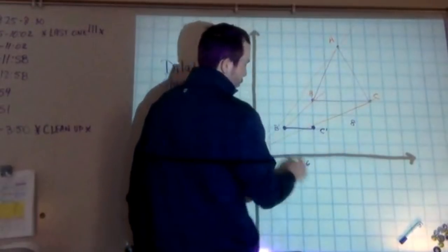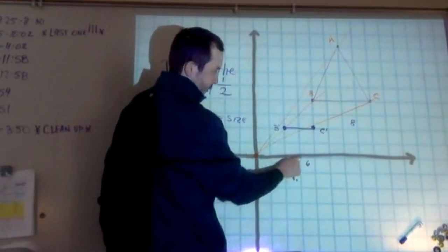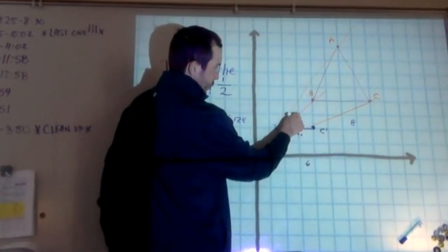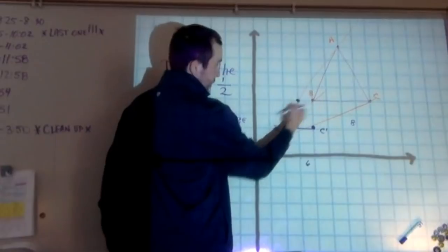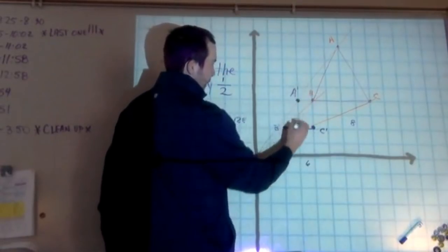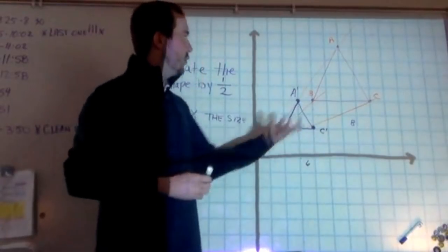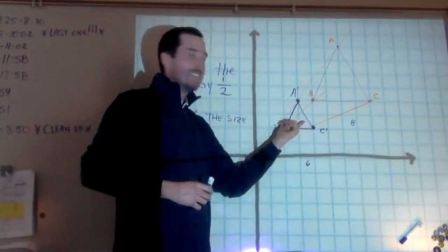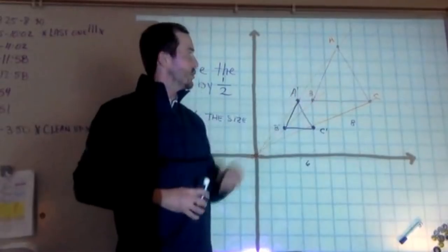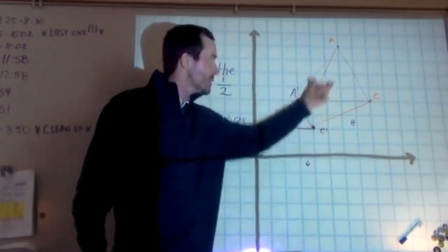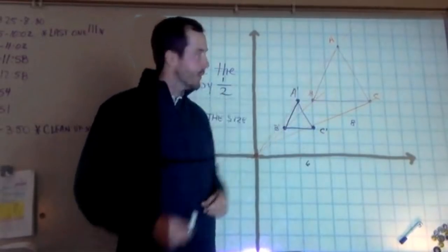It's 8. So what is half of 6? It's 3. And what's half of 8? 4. 1, 2, 3, 4. So that's what's going to be right there. Again, it's right on our line. And that's A prime. We can connect these. And now you have a triangle that is exactly half the size of your original triangle. Or you can have this triangle, and it's 2 times as big to make this triangle.